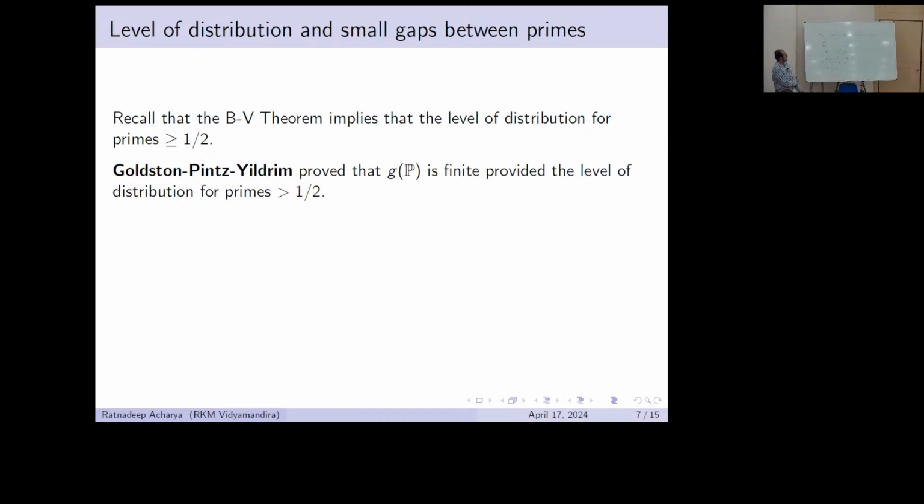Due to the works of Goldston, Pintz and Yıldırım, it is known that G of P is finite provided the level of distribution of primes is strictly greater than half. So they narrowly missed proving that G of P is finite. But I should mention what they proved: the limit infimum of the gaps d_n over log n is 0.